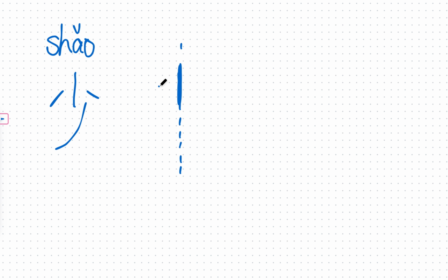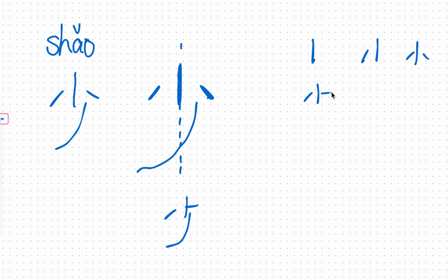And then go left, a dot outside, a dot in the right, pointing outside. And finally, this starts here and goes to the left. 少. First, second, third, 4.